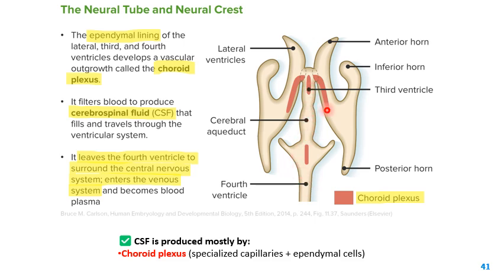Now, important thing that you have to know here is that you have these areas that are in red, okay, and those areas are called choroid plexus. These areas have a lot of capillaries, a lot of little blood vessels. You know that blood doesn't really get into your cerebrospinal fluid.